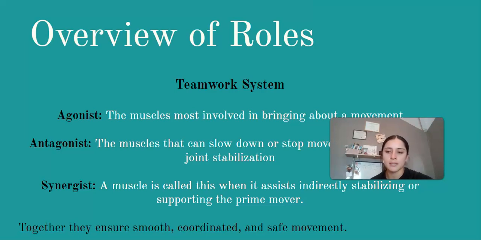And then we have the antagonist, which performs the opposite movement and helps control or slow down the action. And then we have the synergist, which supports the agonist by stabilizing joints and adding extra support or force when needed. All three of them need to work as a team in order to ensure that movement is smooth, coordinated, and safe.